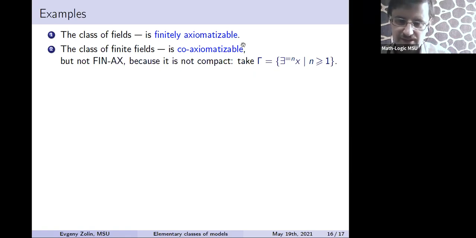Otherwise, these statements are inconsistent altogether. So a finite subset of this set of formulas is satisfiable in some finite set. Simply take a sufficiently large field. But the whole set of formulas gamma is not satisfiable because it says that we have infinitely many elements.